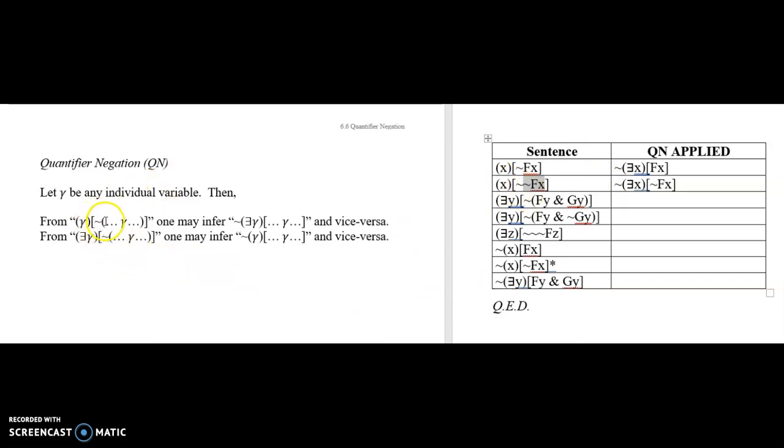So this negation here is this one right there, all right? And that's the one that's going to go to the outside, and the rest of this is the dot, dot, dot, and it remains the same. So you're going to take this negation, put it to the outside here, switch the quantifier, and retranscribe everything else, which we've done here. Okay, so that's the correct one.